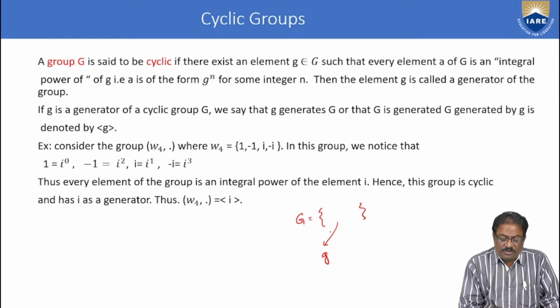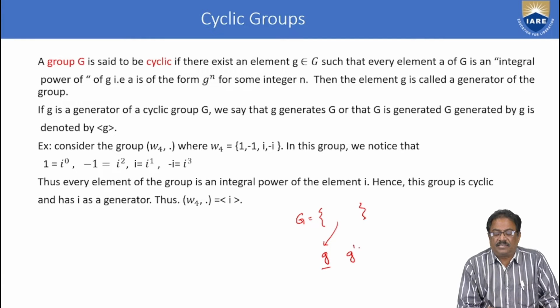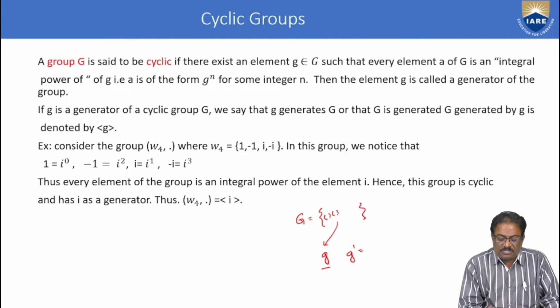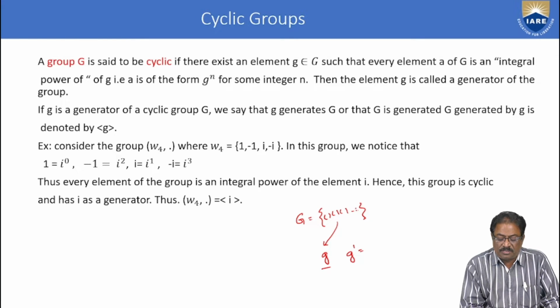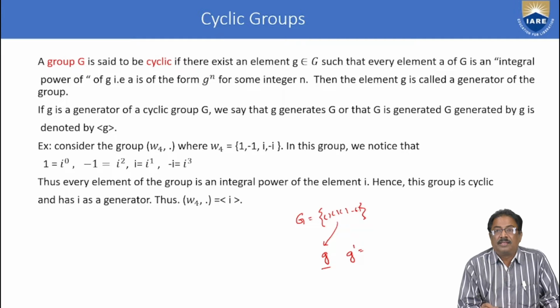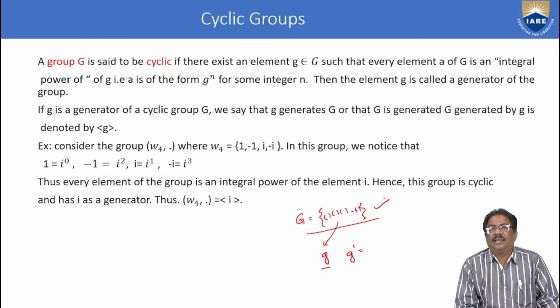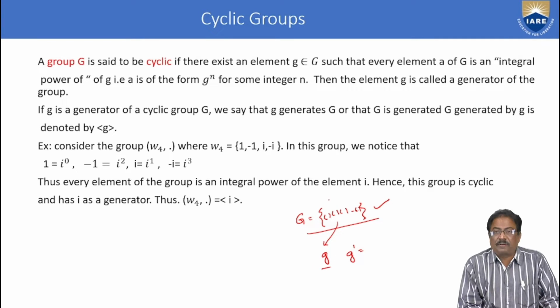Then the integral powers of g, let us say g power 1 represents the first element, g power 2 represents the second element, g power 3 the third element, and so on, g power n represents n elements. Then this group is known as a cyclic group, and you represent all the other elements of the group as the integral powers of g. So we can call g the generator.